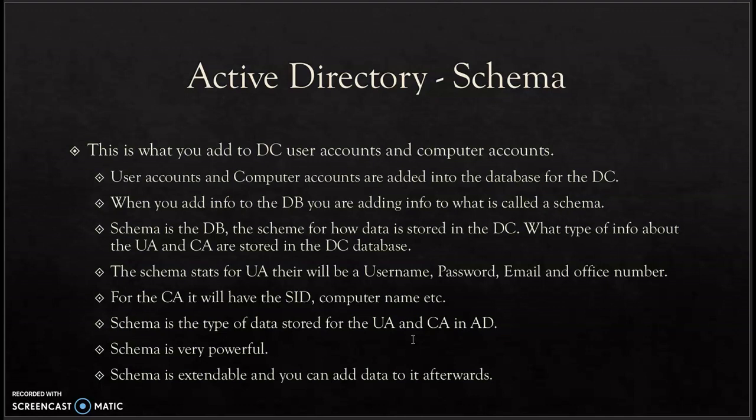When you add info to the database, you're adding info to what is called a schema. Schema is the database, the schema for how data is stored in the domain controller.